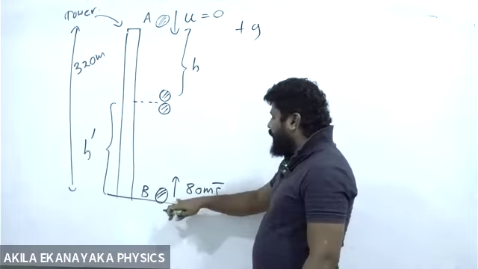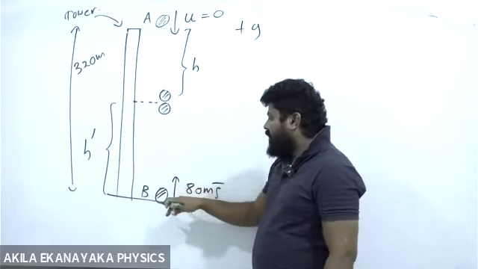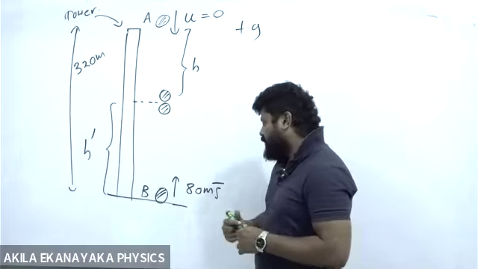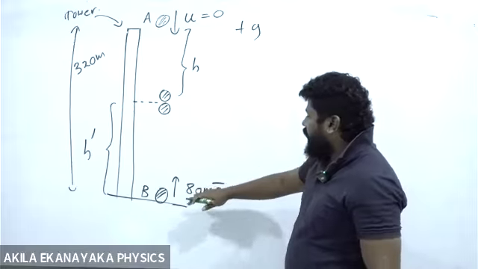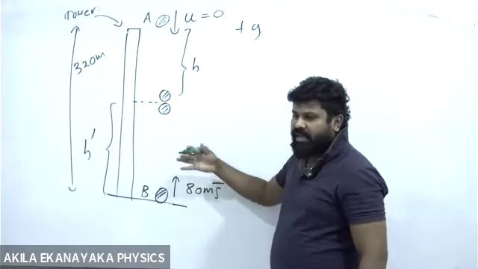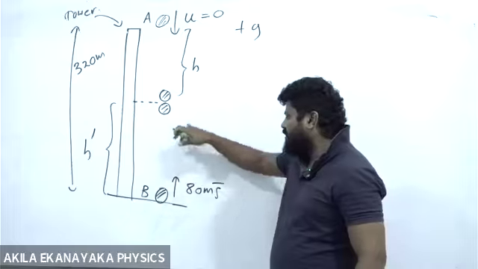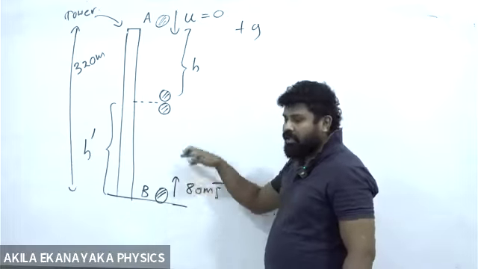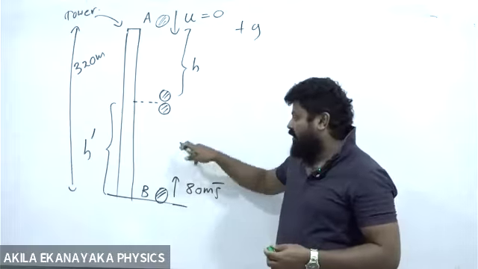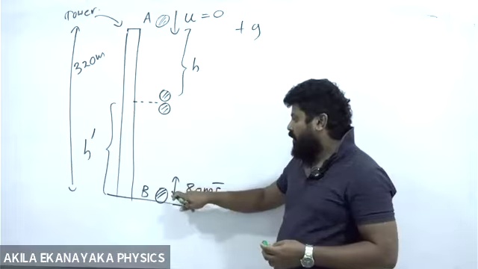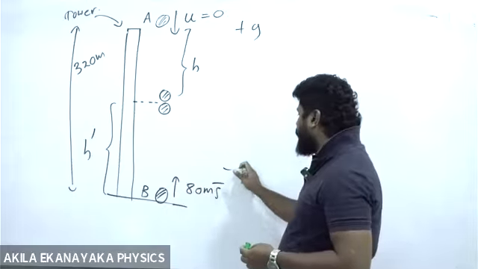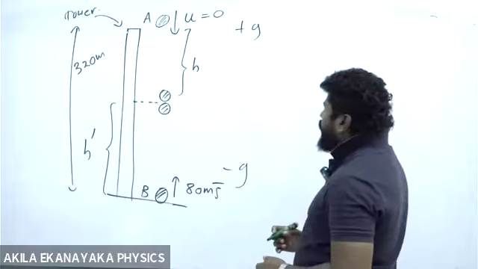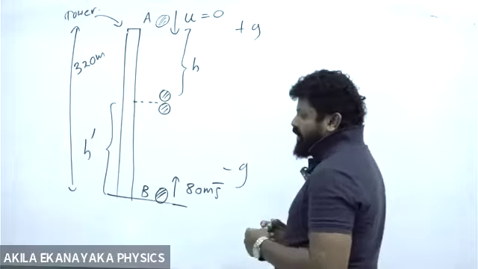When the B object is projected vertically upward, the speed is getting slow because of the gravitational force. Then I can put here minus g. Now you can use the combinational method.